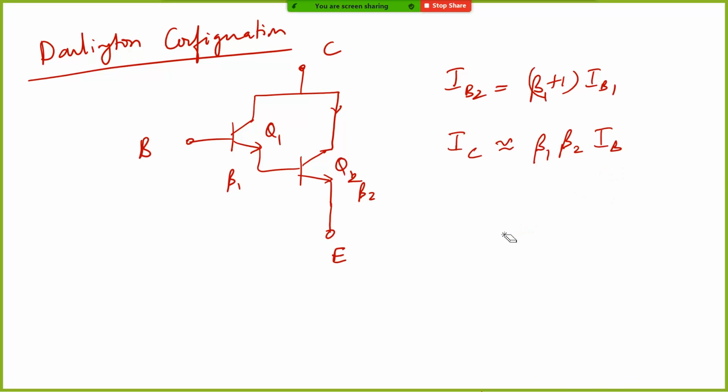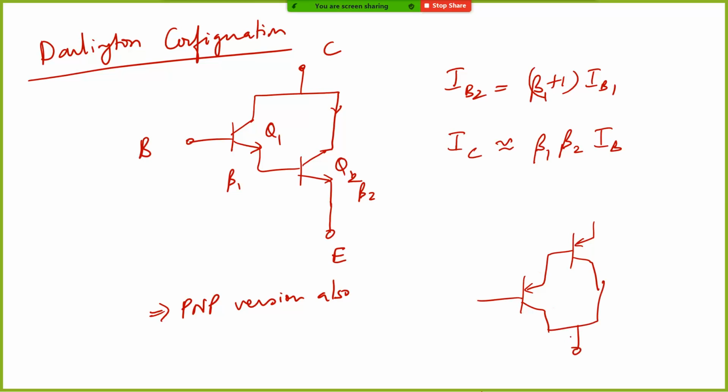So these transistors are used very commonly. PNP version also possible. This is your emitter, this is your collector, this is your base. So these are used for power transistors.